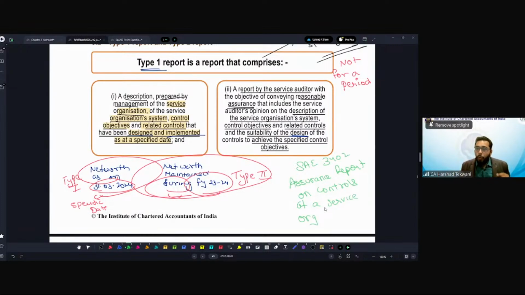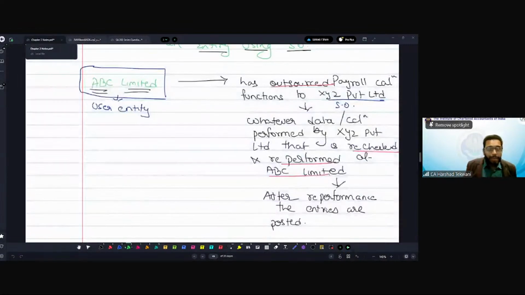Now, as a service auditor, when I want to issue a type 1 and type 2 report, I need to follow this standard. When I'm using a type 1 or type 2 report as the auditor of ABC Limited, I will check whether it is issued by a member of the institute.